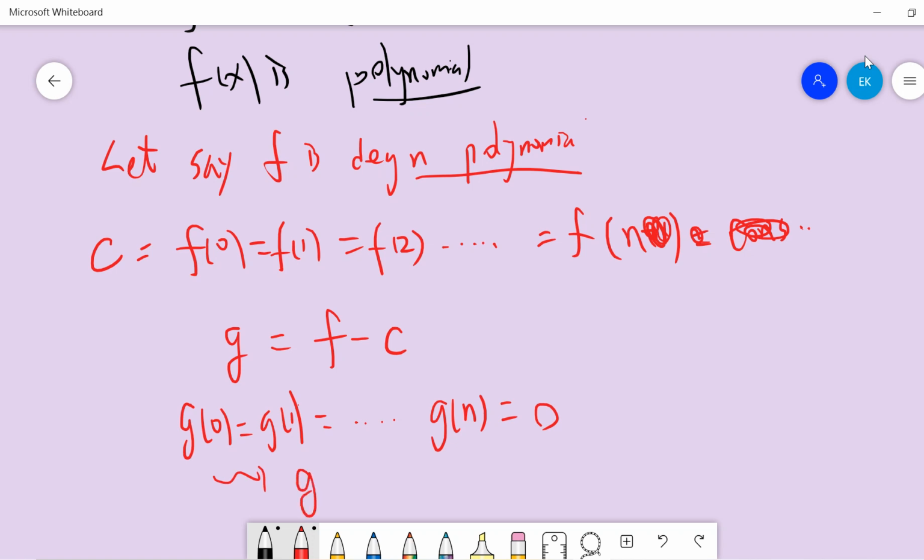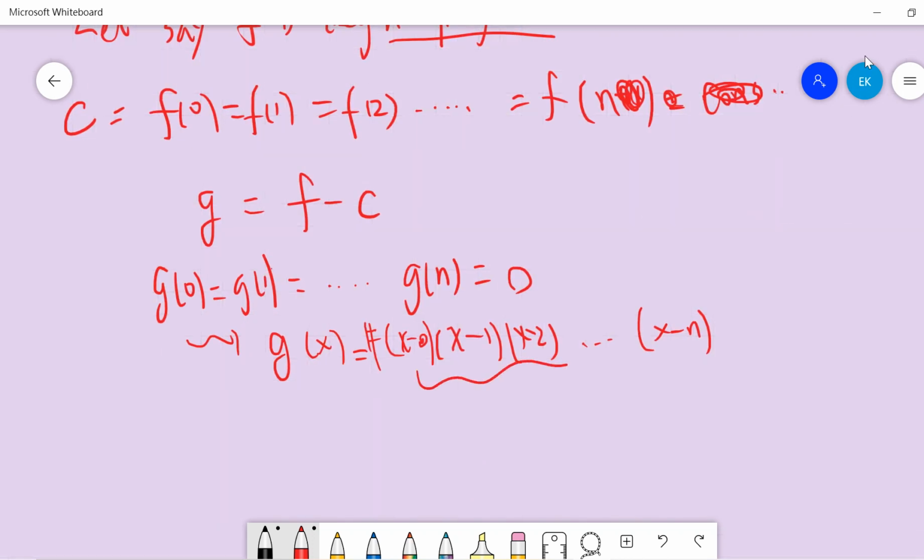So g must have the form x, x minus 1, x minus 2, up to x minus n, times some coefficient. But that gives n plus 1 powers of x, so the leading term is x to the n plus 1 with some coefficient.